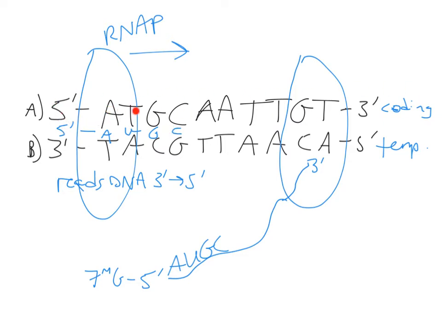Right? It's ATGC, AUGC, they're both 5' on the left. So in all honesty, the RNA sequence and the coding strand sequence are the same, not only in the sequence of the nucleotides, but also their polarity. If they're not identical, then you're not talking about the coding strand.